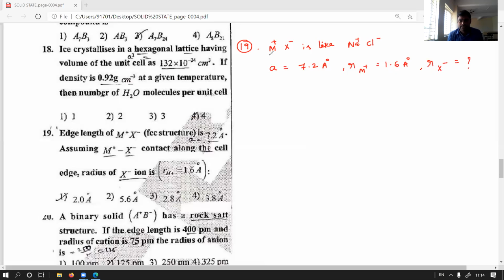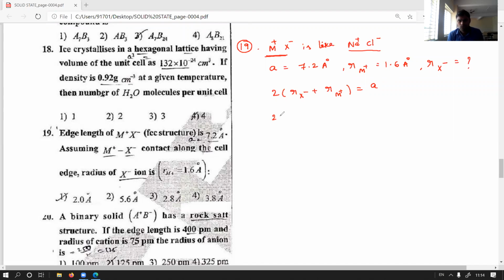So this M plus X minus is like NaCl structure. In that NaCl, 2 into radius of negative ion plus radius of positive ion is equal to edge length.